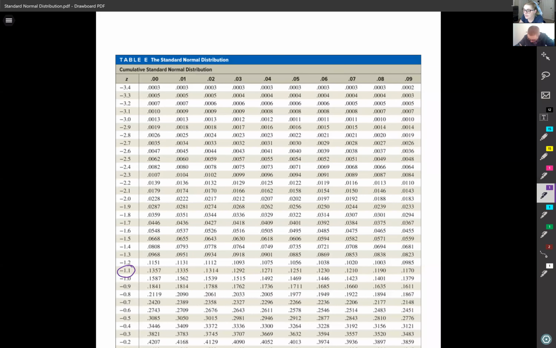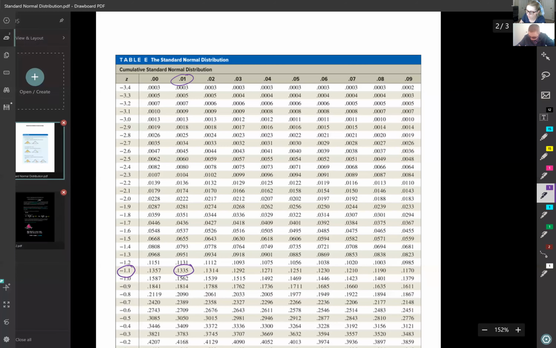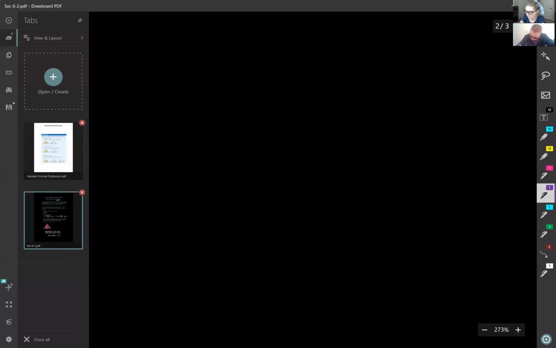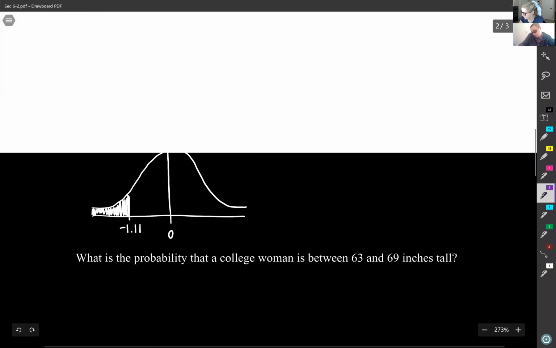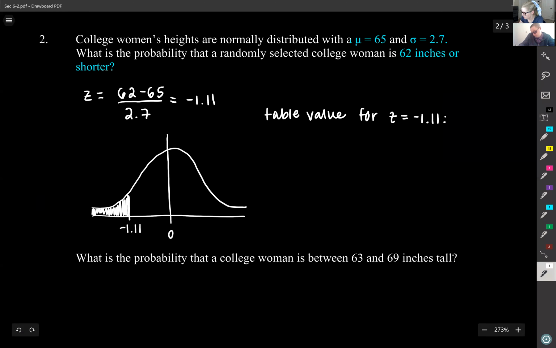And then we want to see where it meets on the top row, 0.01, and they meet at 0.1335. So that is the number we were looking for. So our table value is 0.